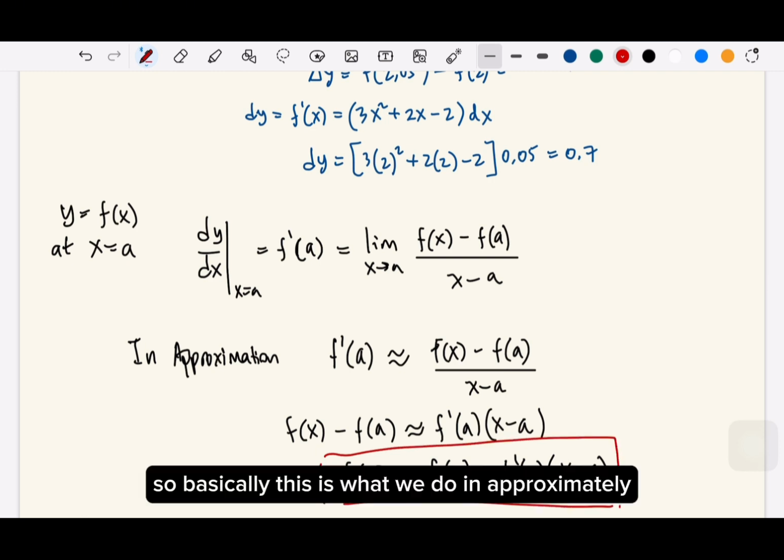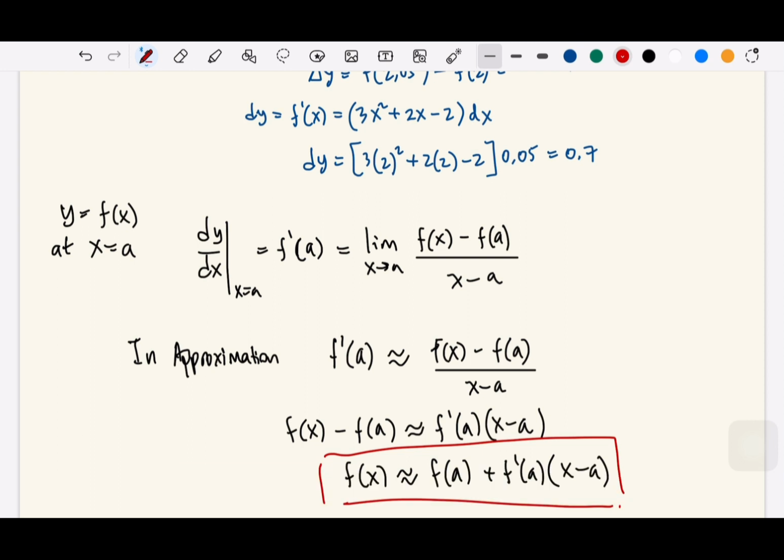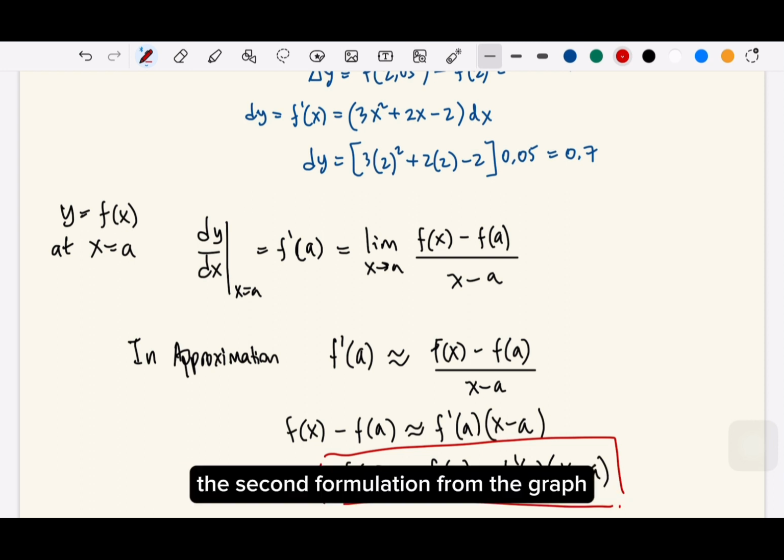So basically this is what we do in approximation. We force the derivative to be equal to the second formulation from the graph.